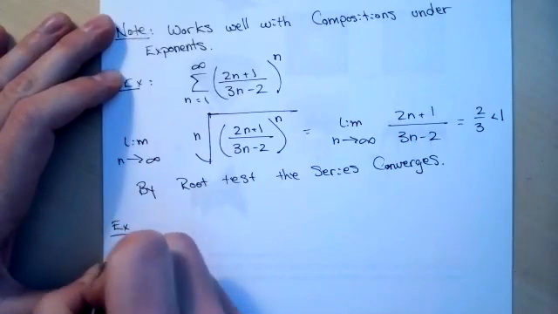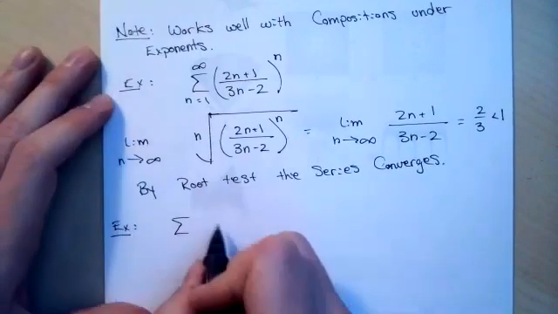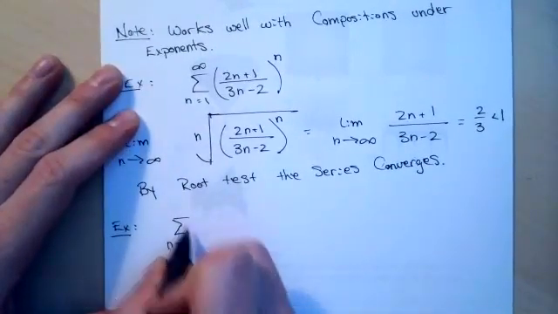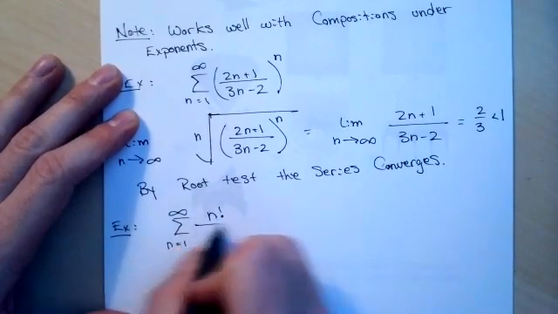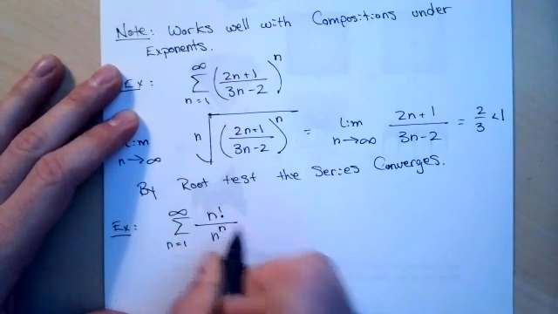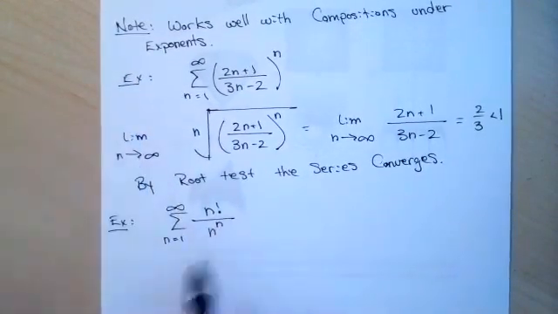So let's take a look at something similar to what we were just looking at, except maybe not as complicated, so we don't have to spend as much time on it. What's going to happen if we have something like n factorial over n to the n? Our intuition should tell us that n to the n grows a lot faster than even factorials.